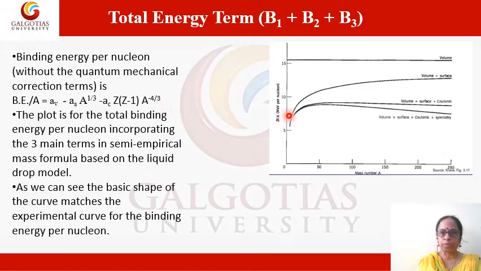Here in the graph we will see the volume energy term, which is constant with mass number, then volume plus surface energy term, which is varying like this, and the third one, volume plus surface plus Coulomb term. So we can see the basic shape of the curve matches the experimental curve for the binding energy per nucleon.